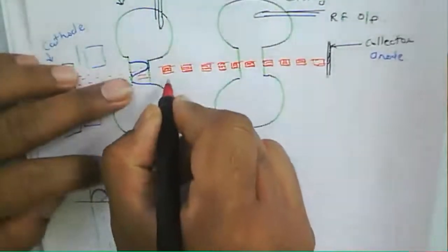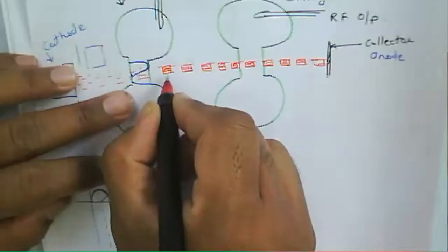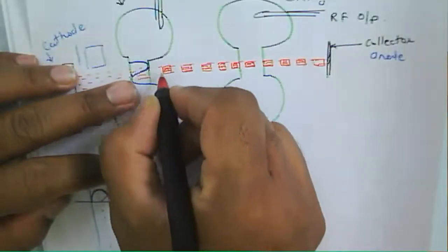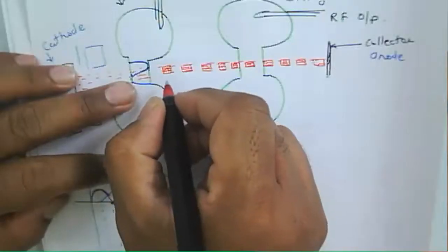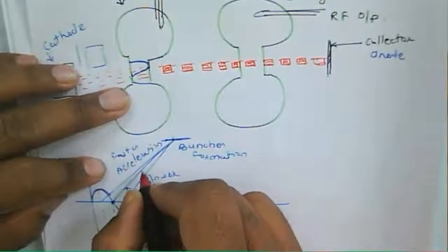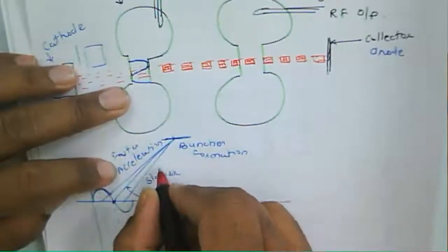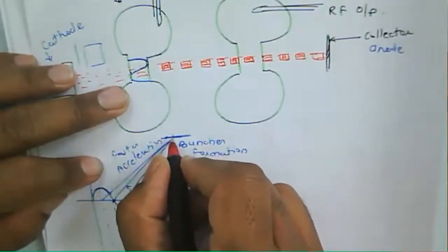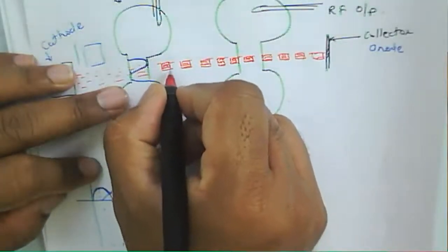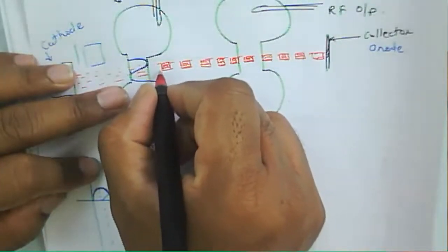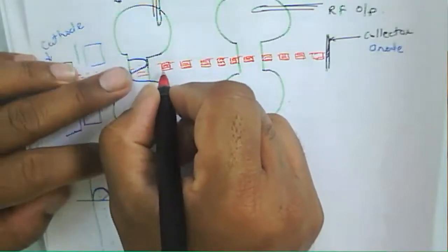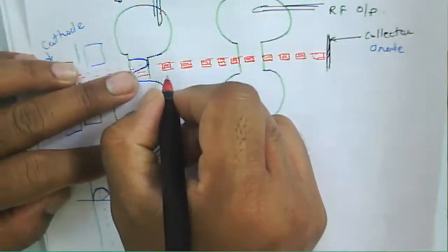In these bunches, electrons form the bunches because of accelerating and decelerating at some particular place. More electrons reach that particular point, so the bunches are formed because of density modulation.